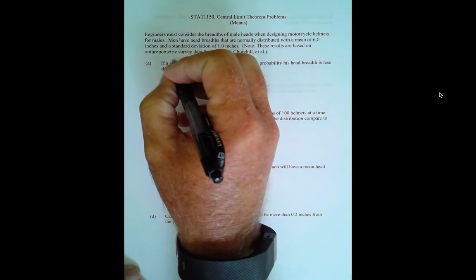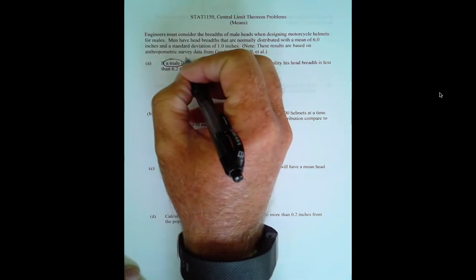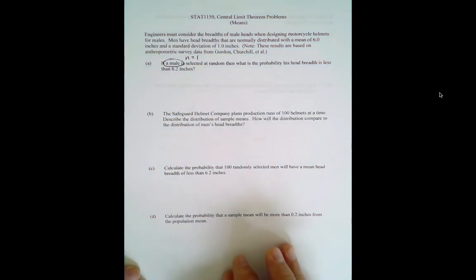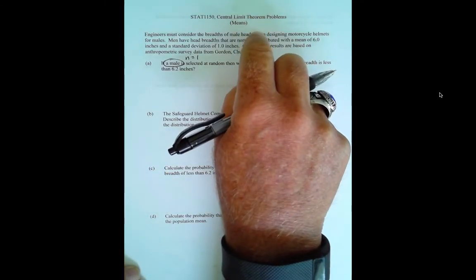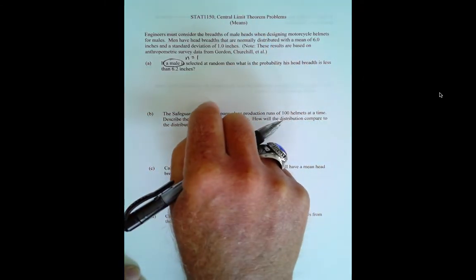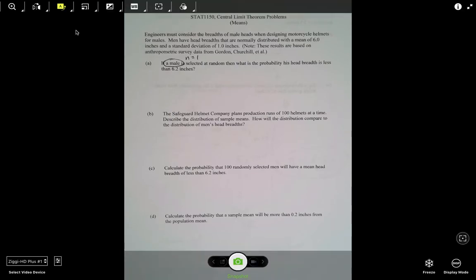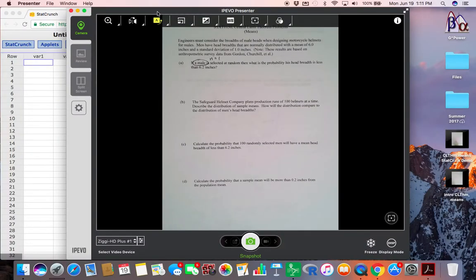Now, if a male, to me, guys, that indicates n equals 1. So the central limit theorem isn't even required to work this problem, but in StatCrunch, it's pretty much worked the same way. So let's see. I think I want to go split screen here.